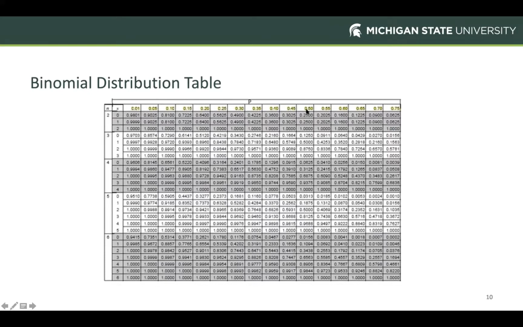And so the column that we're particularly interested in here is the column with a baseline probability of 0.5.